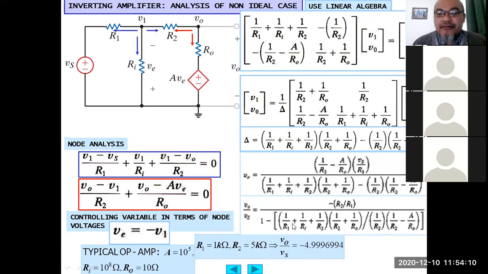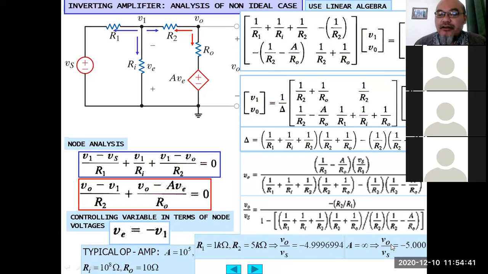So you will obtain V output over Vs negative when R1 is 1 kilo ohm and R2 is 5 kilo ohm. With the ideal op-amp, the gain will be minus 5, but for the non-ideal op-amp, the value is minus 4.996994. The ideal op-amp assumes A to be infinity, Ro to be 0 and Ri to be infinity.